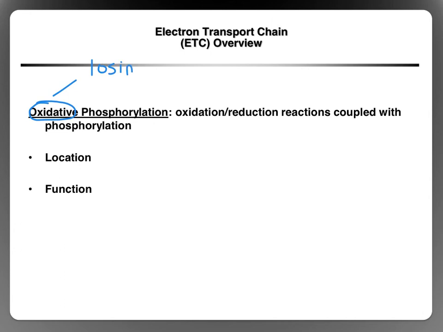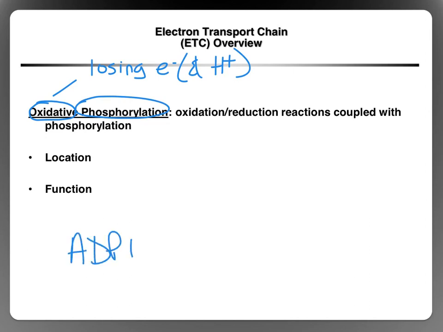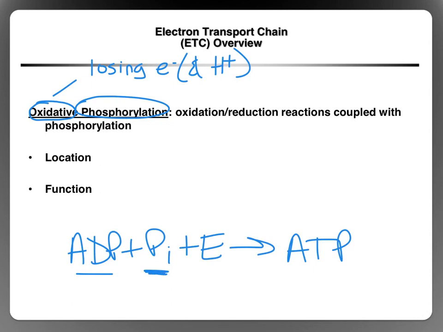So something is losing electrons and hydrogens. Okay? And we've got phosphorylation going on, which means something is gaining a phosphate. And since we're talking about energy metabolism, it's probably ADP that's being phosphorylated. Okay, if we bind a phosphate to an ADP, we end up with ATP, and remember that's our ultimate goal.